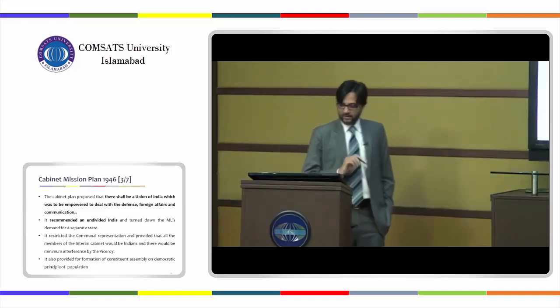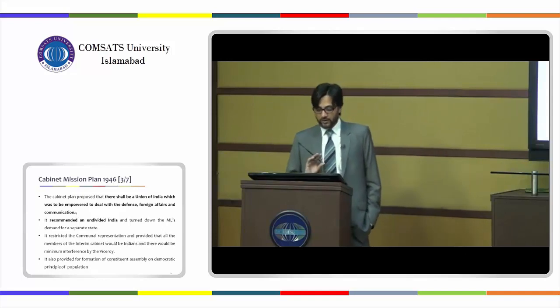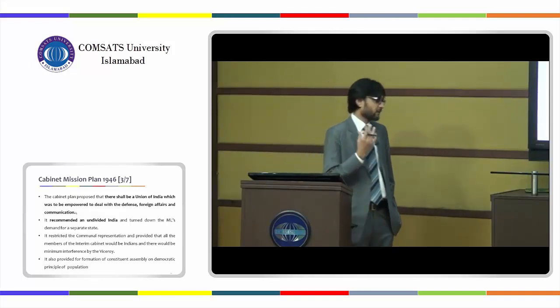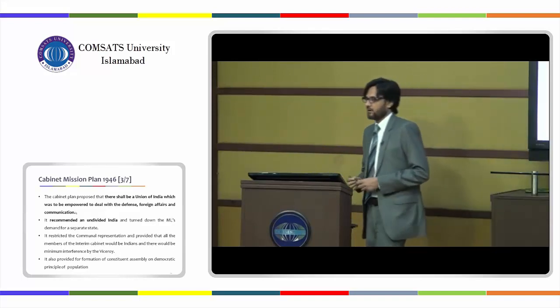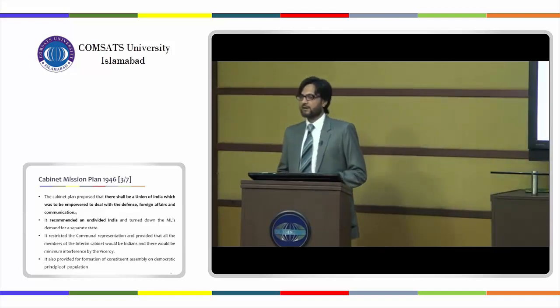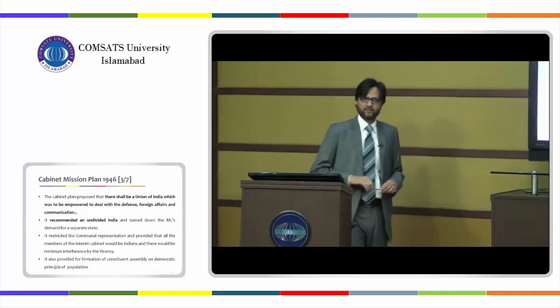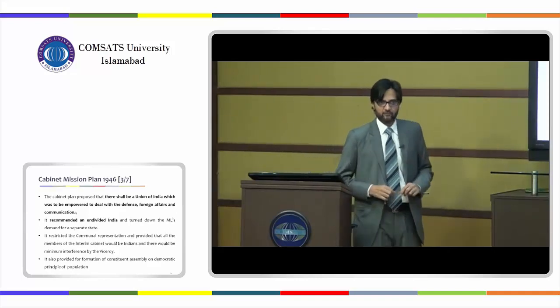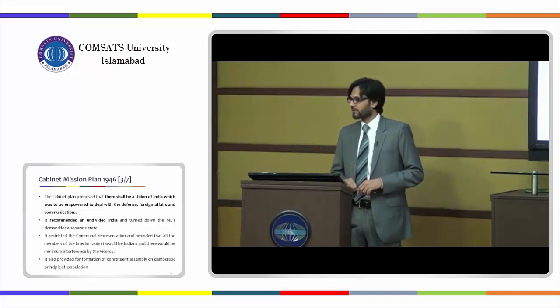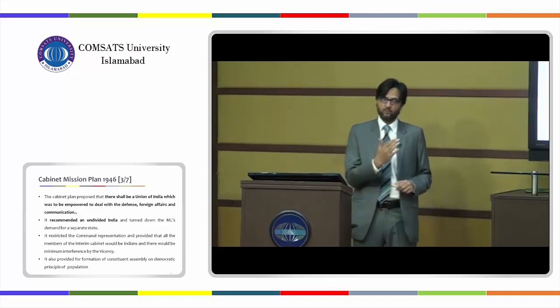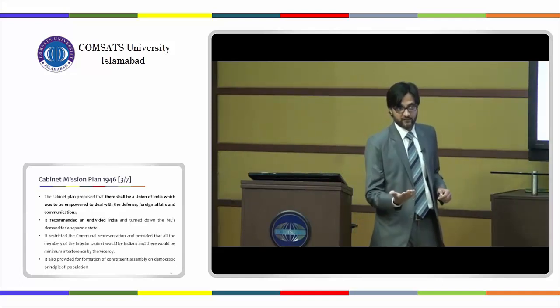Now again, it provided for the formation of the Constituent Assembly on the democratic principle of population. The democratic principle of population is quite simple: on the basis of proportionate representation, you just send your representatives. So if you have more population, you would be sending more representatives. If you have less population, then you would be sending fewer representatives.